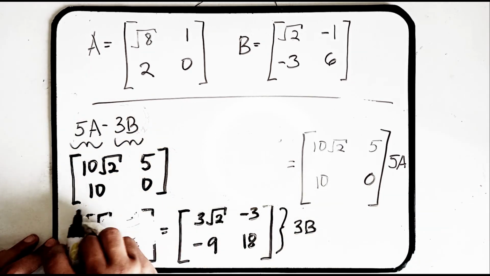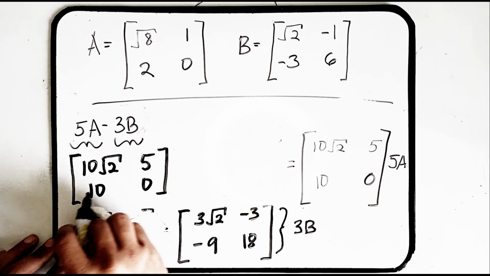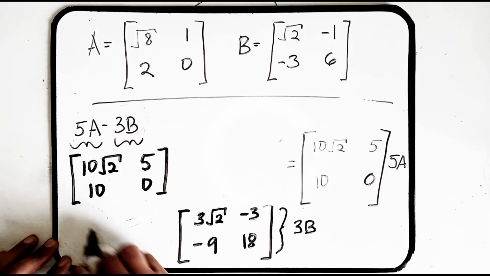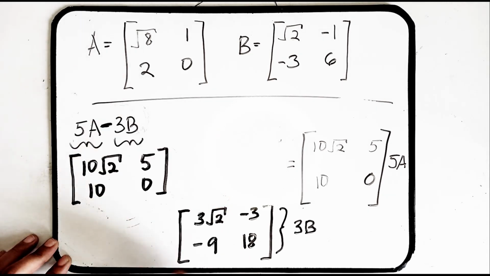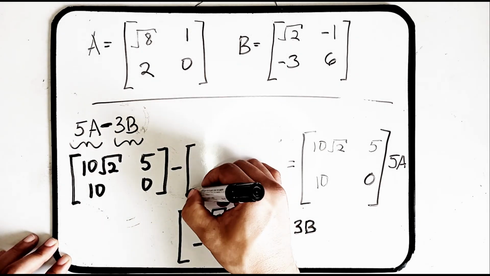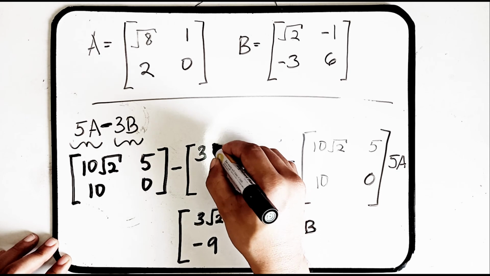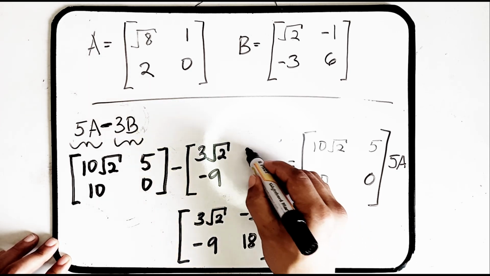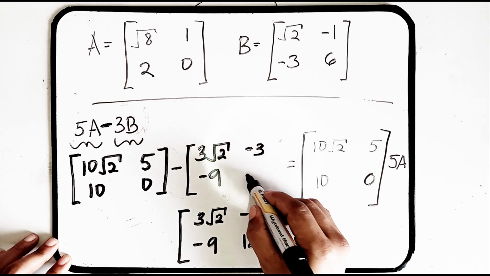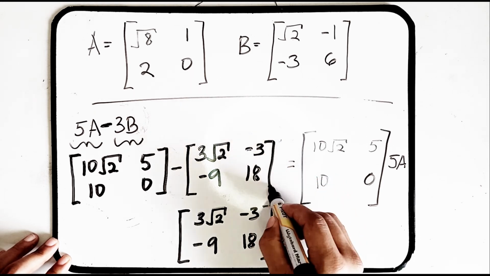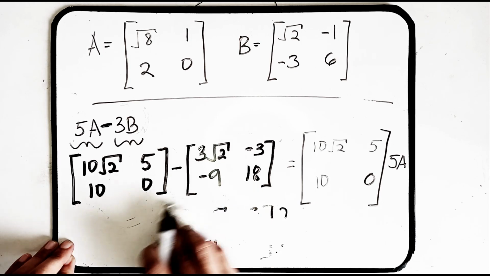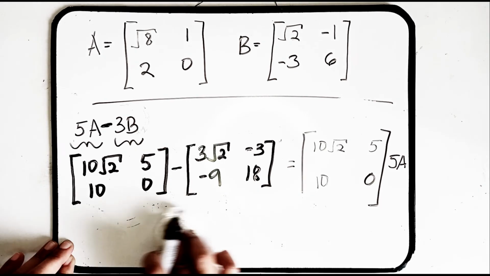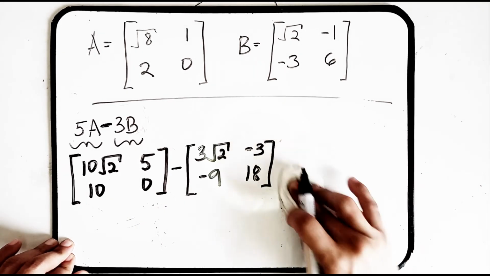And then for our 3b, remember that we have a subtraction operation here. So minus our 3b, 3b is 3, square root of 2, negative 9, negative 3, and then 18. Okay, so let's perform the subtraction between these matrices.